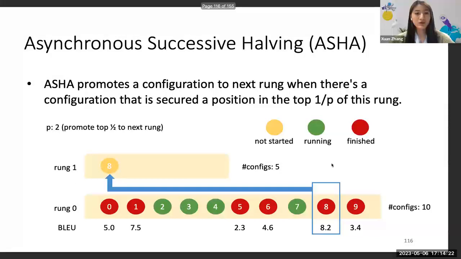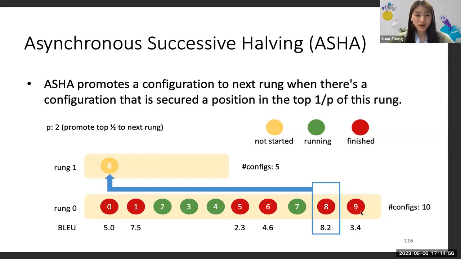Here's an example showing how ASHA works. Let's assume we want to find the optimal configuration from 10 different configurations, and we set the promotion rate to 1/2, meaning that when it's time to make a decision, we'll cut half of the jobs and let the other half run for a longer duration. At rung 0, we have 10 configurations.